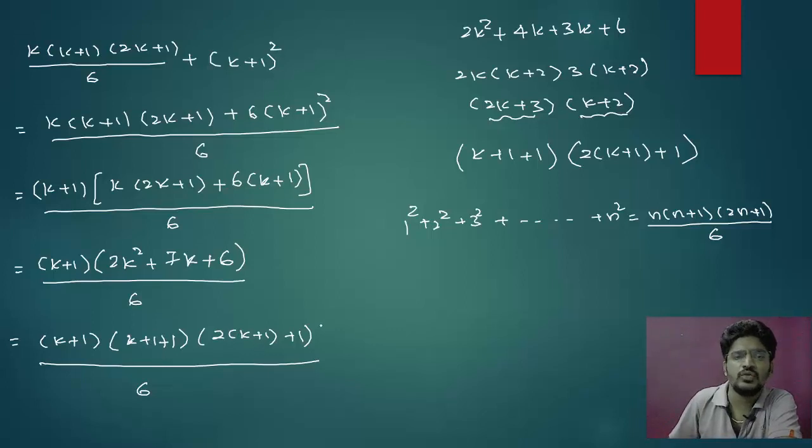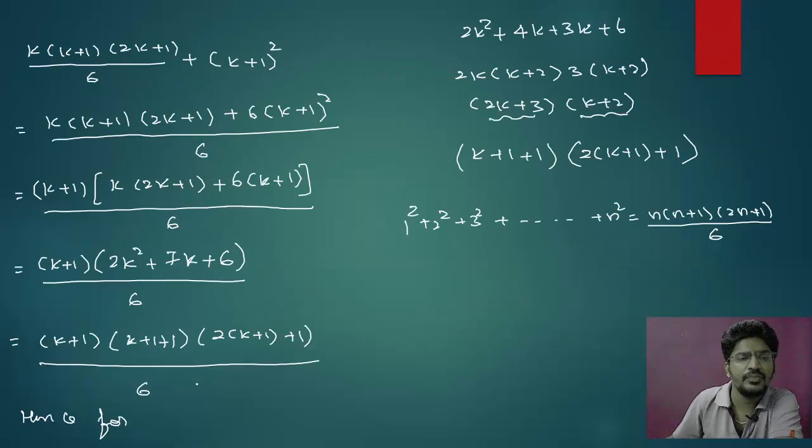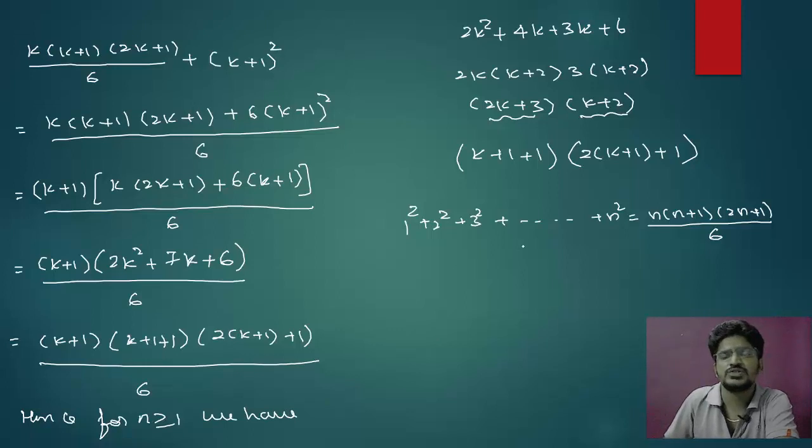Okay. So we can conclude that hence for all n greater than or equal to 1, we have 1 square plus 2 square plus 3 square plus so on to n square equal to n into n plus 1 into 2n plus 1 divided by 6.